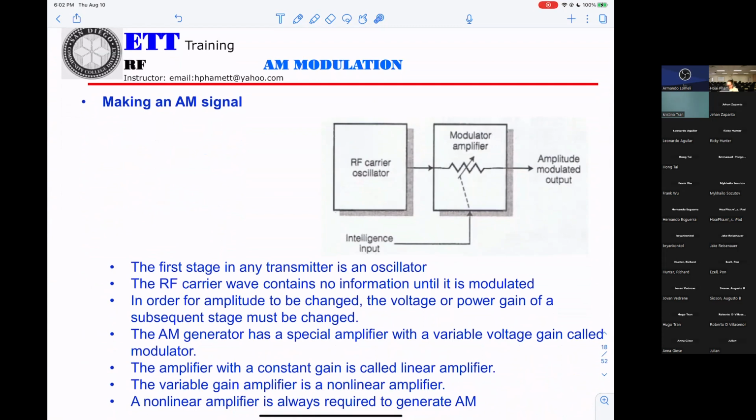Okay, making an AM signal. You can see in here, this is the oscillator. You have to understand the oscillator. You can go and buy an oscillator of 1 megahertz.